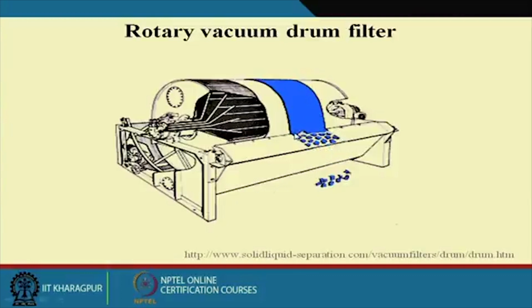So here we have a fine knife. When it rotates, since we are applying the vacuum, the cell mass will be dried, and then when it touches this blade, this is a fine muslin cloth. Here we have wrapped it with the fine muslin cloth, and the liquid comes up like this.